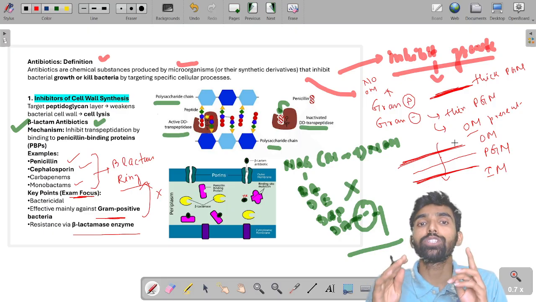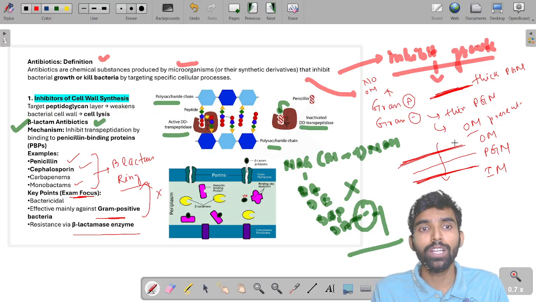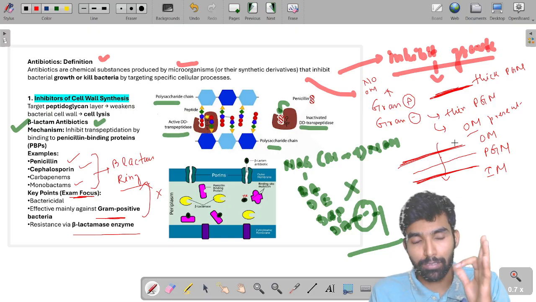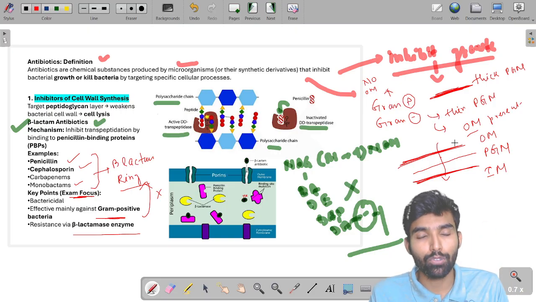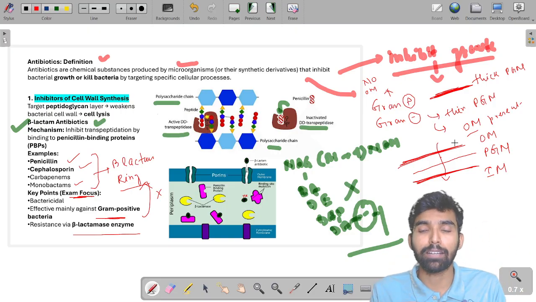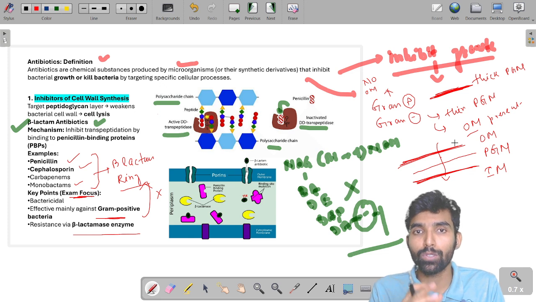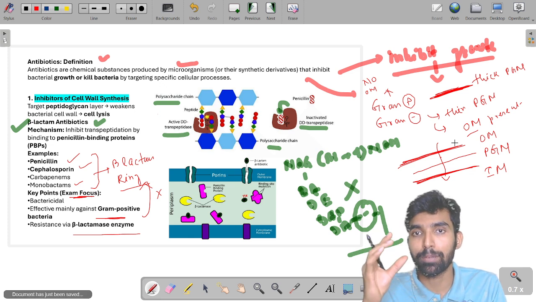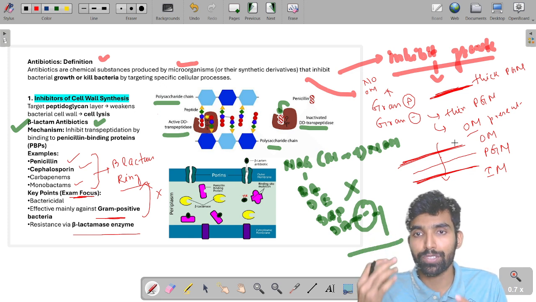So here, from an exam point of view, the first thing to remember is that penicillin and cephalosporin have the beta lactam ring. What they do is inactivate the transpeptidase enzyme. What's the role of transpeptidase?